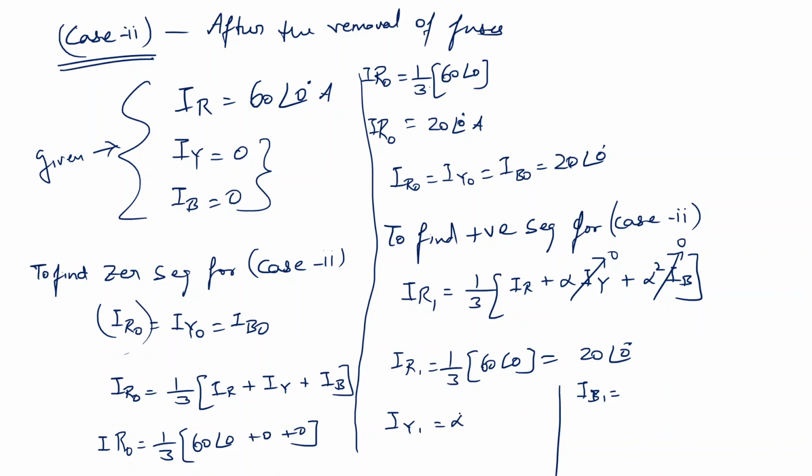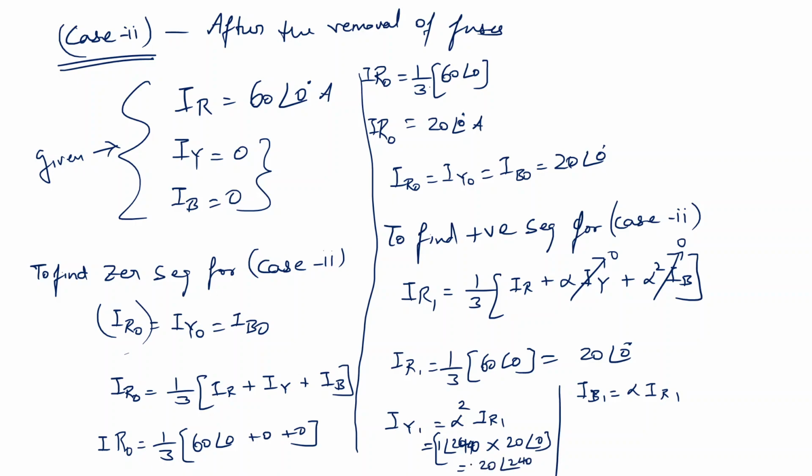IY1, can I write alpha square into IR1? This is alpha into IR1, correct? And alpha square is nothing but 1 angle 240. This is 240 into IR1, which is nothing but 20 angle 0, and this value is nothing but how much? 20 angle 240, correct?